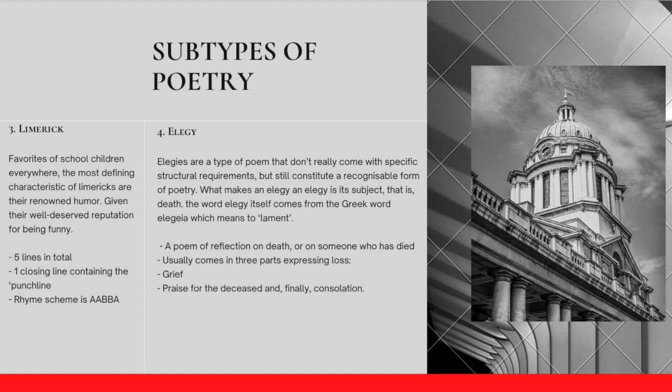The word elegy itself comes from the Greek word elegia, which means to lament. A poem of reflection on death or on someone who has died usually comes in 3 parts: expressing loss, grief, praise for the deceased, and finally, consolation.